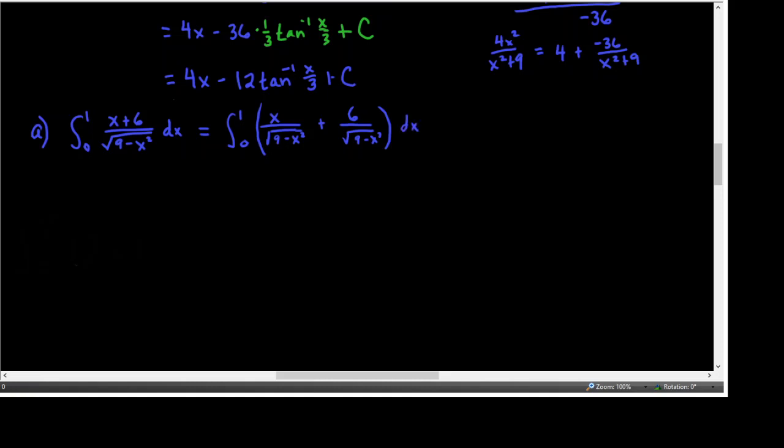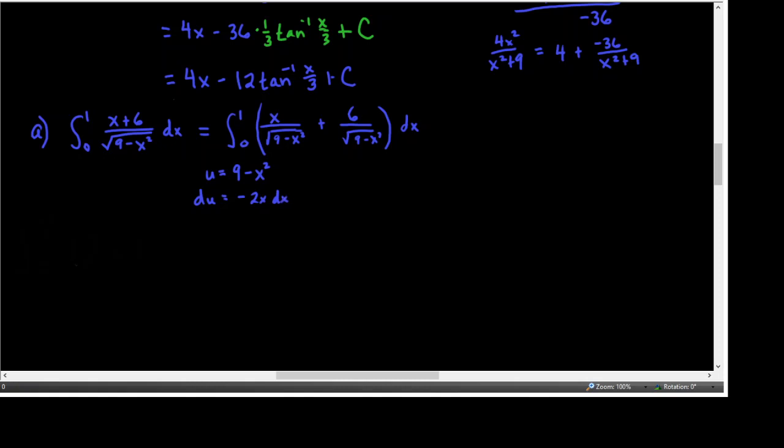Now, for the first part of this, I'm going to think of that as its own integral. I'm not going to write necessarily two separate integrals for this. I'm just going to think of them as separate things. For the first one, I'm going to let u equal 9 minus x squared, the thing under the radical, which means du is negative 2x dx.